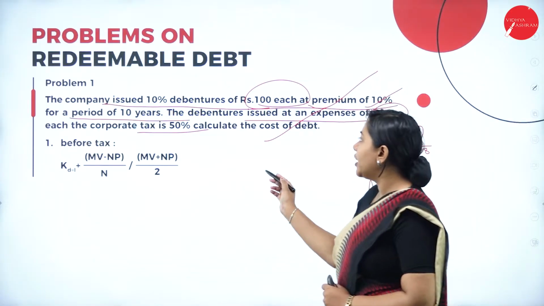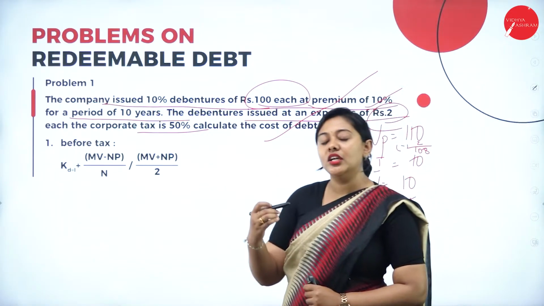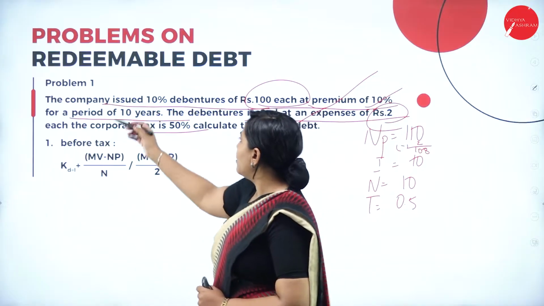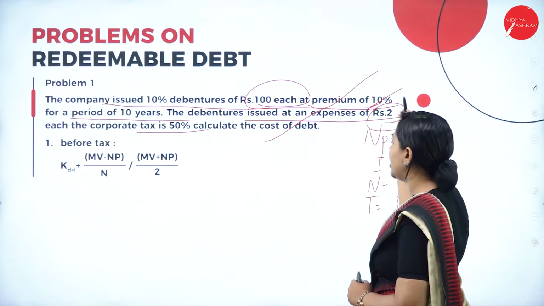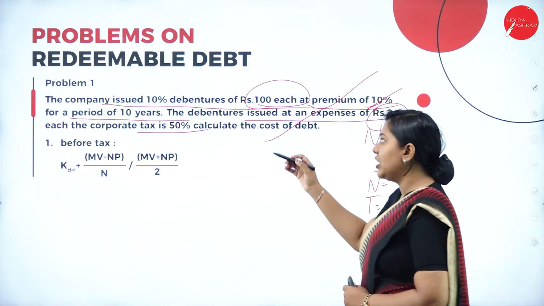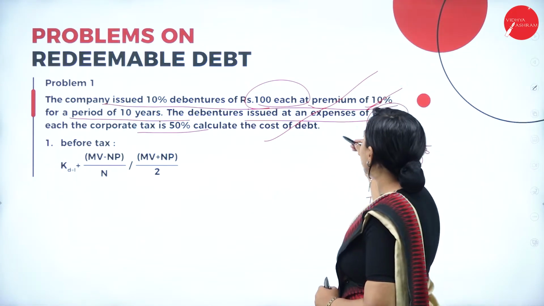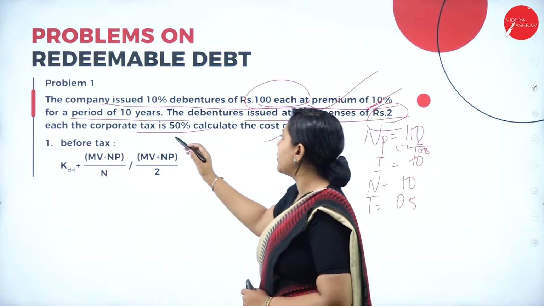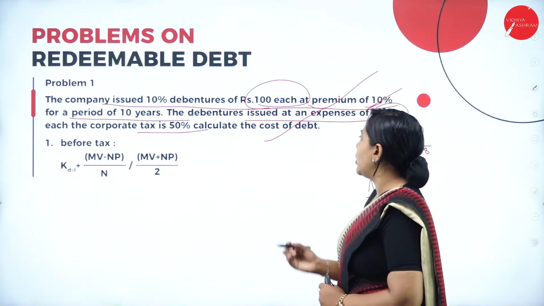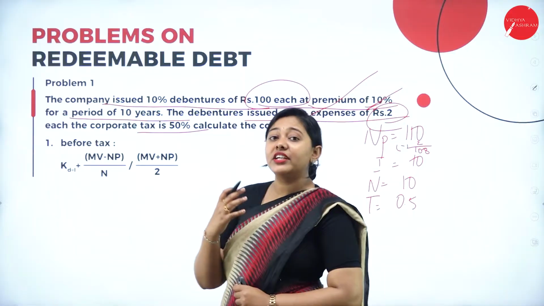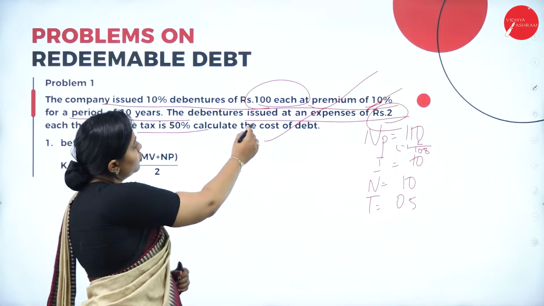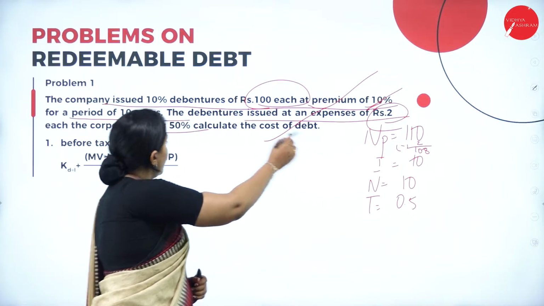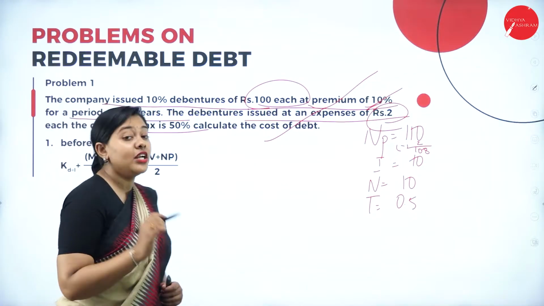Here in the question, once again we'll read out: the company issued 10% debenture of rupees 100 each at a premium of 10% for a period of 10 years. The debenture is issued at an expense of rupees 2, corporate tax is 50%, calculate the cost of debt. So the debenture of rupees 100 each is issued at a premium of 10% for a period of 10 years.